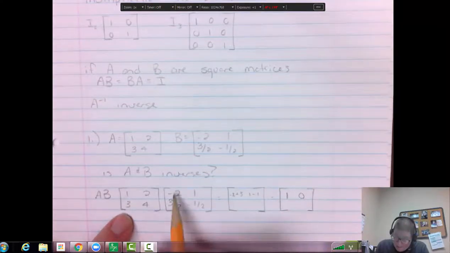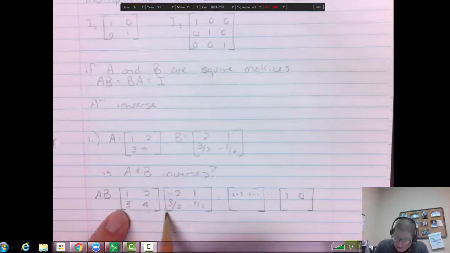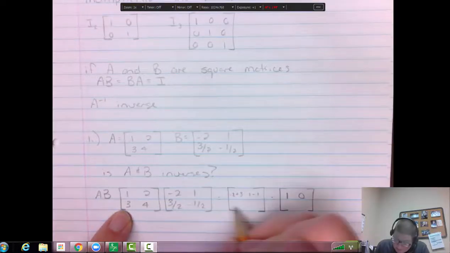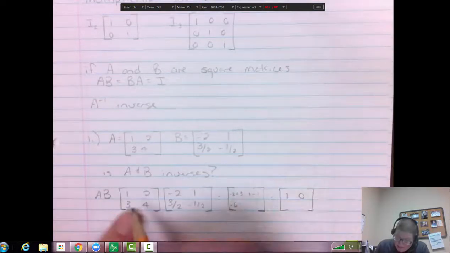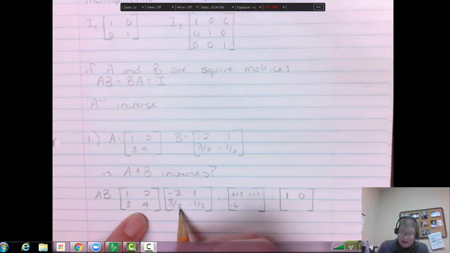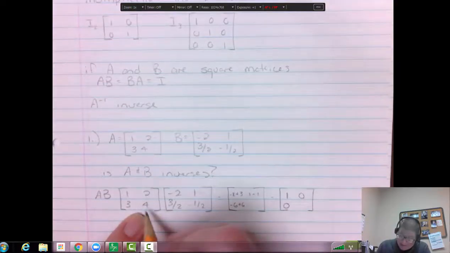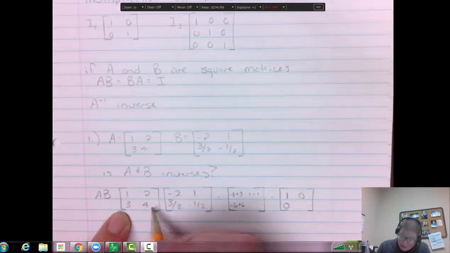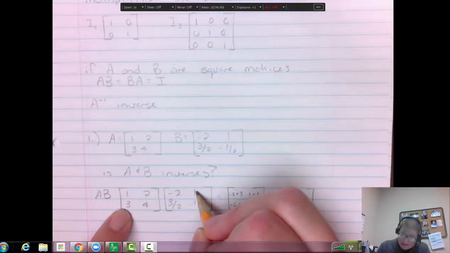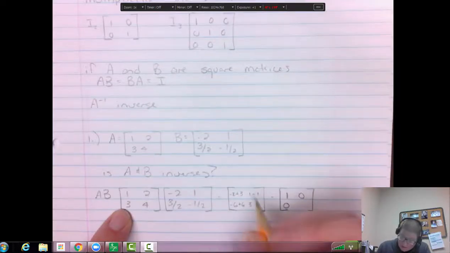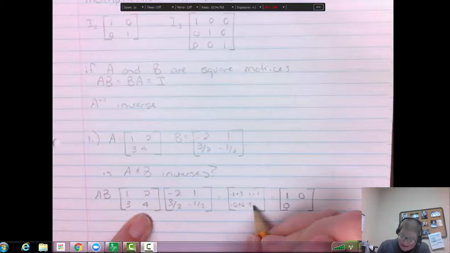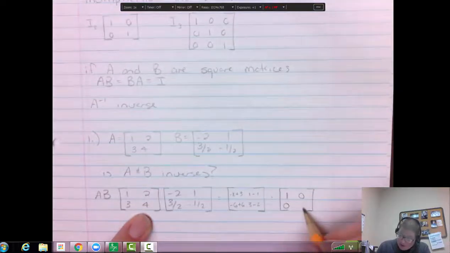Now the second row times the first column, row, column. 3 times negative 2 is negative 6. 4 times 3/2, a couple ways you can think of that: 4 times 3 is 12, divided by 2 is 6. So negative 6 plus 6 is 0. And this last one, row, column: 3 times 1 is 3. 4 times negative 1/2 is negative 2. 3 minus 2 is 1.